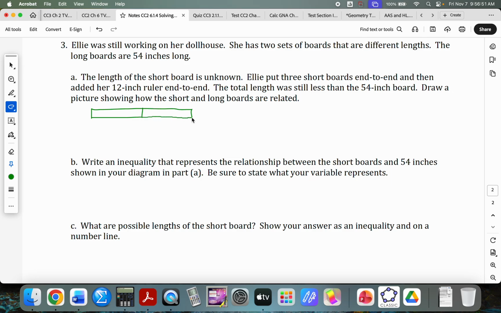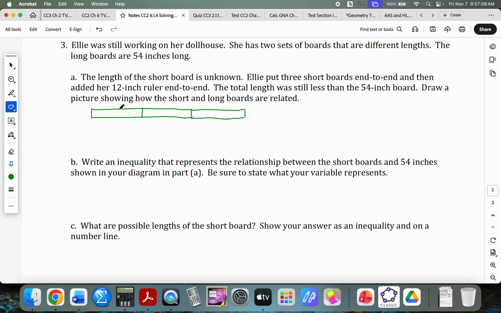And those short boards are all the same length. We need a variable for that because we don't know what it is yet.